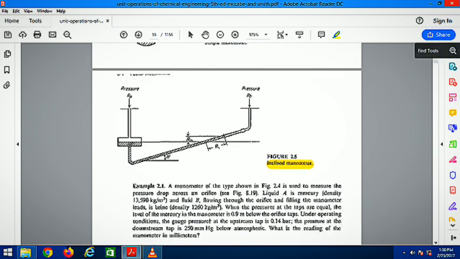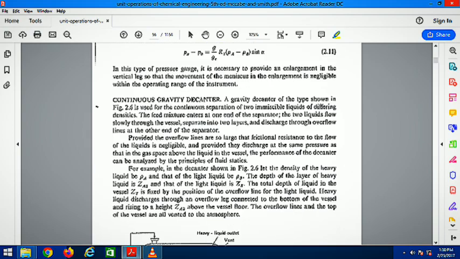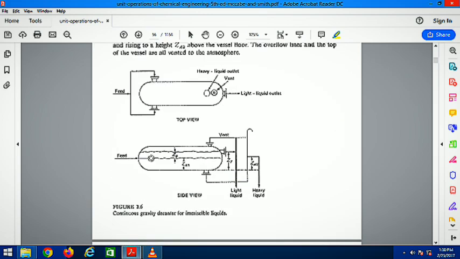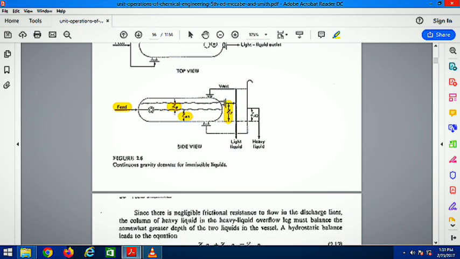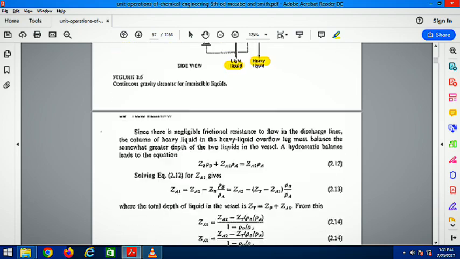Next we move on to the inclined manometer. It is used to measure very low pressures. Here we have the gravity decanter, in which liquids of 2 different densities come as feed. The lighter one has ZB depth and the heavier one has ZA1 depth, and the final outlet has ZT depth, and the heavy fluid and light fluid are separated.